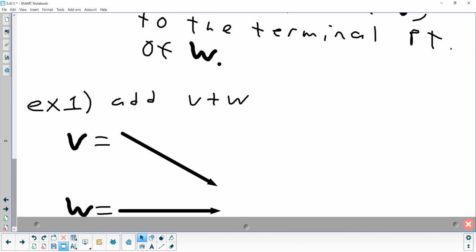All right, so now let's try adding these 2 vectors up. So if you look at those two vectors, v and w, Ben, does it look like those vectors are fighting each other or kind of working together?